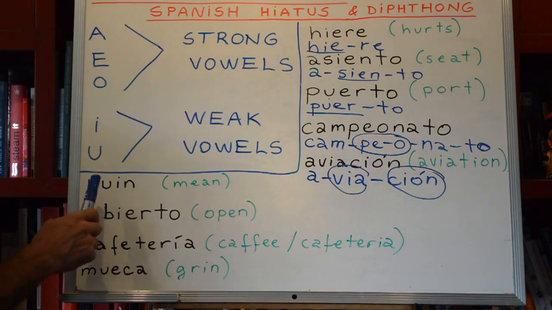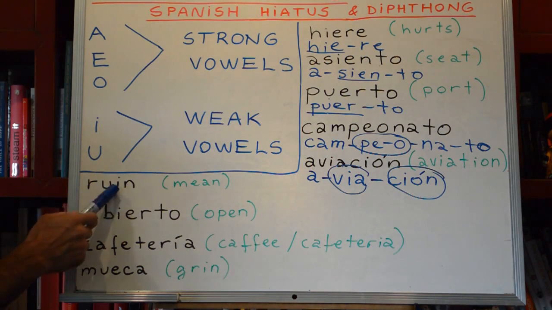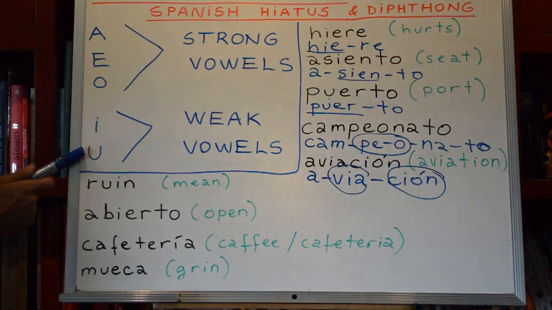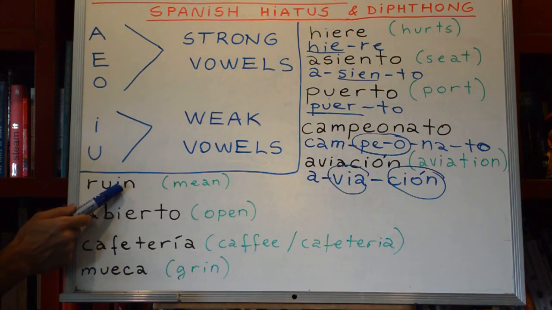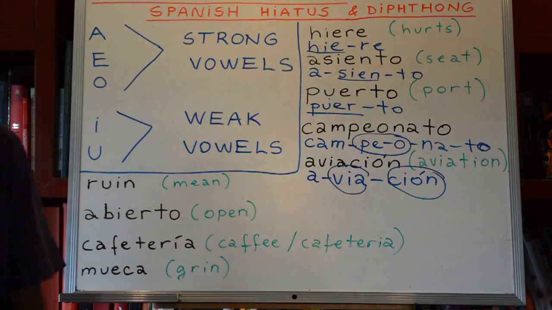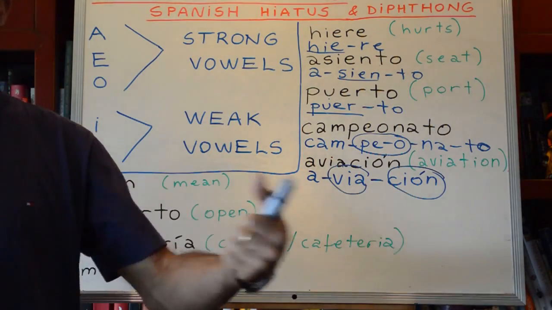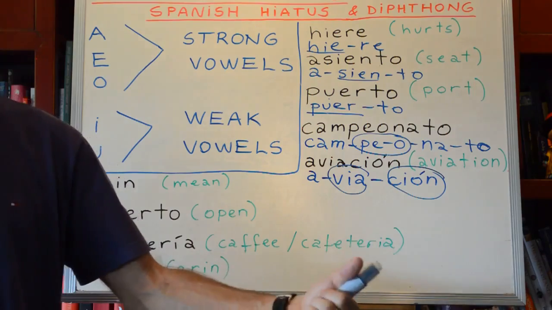So, here we have two vowels together. Letter U is a weak vowel. Letter I is another weak vowel. So we have two weak vowels together. Therefore, weak vowels need to stay together because they are weak. They cannot be separated and stay alone in different syllables.